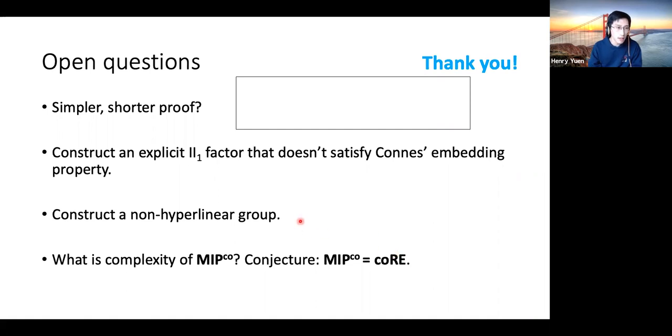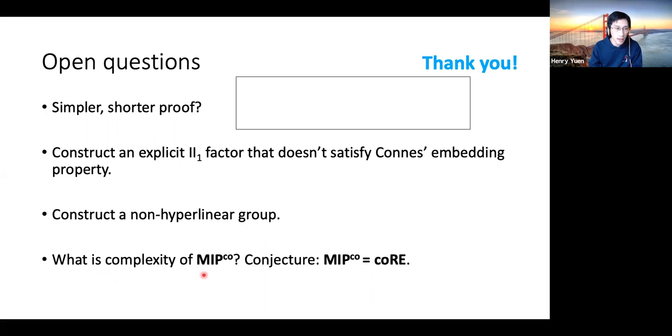Something I think a lot of people are interested in is seeing if there exists a non-hyperlinear group. It would be an interesting question to see whether our games could yield such a thing. They would if our games could be formulated as what are called linear constraint system games, but it's not clear whether one can do that.